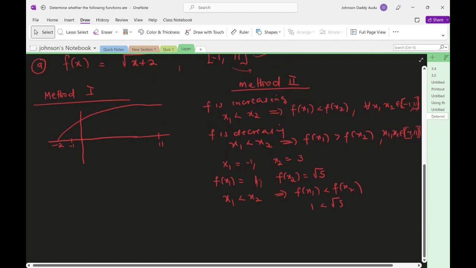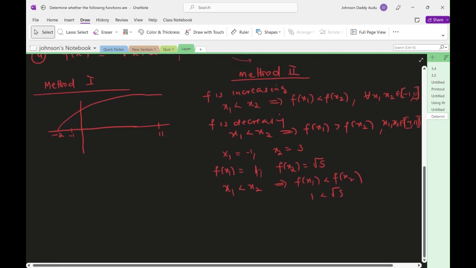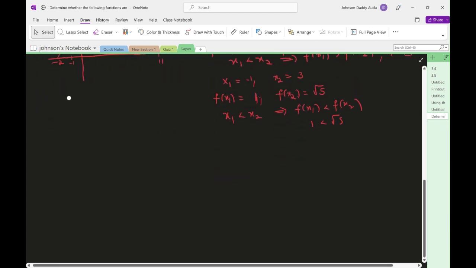But this gives us an idea. Sometimes it works, sometimes it does not, because the function could be increasing and decreasing in just one interval.